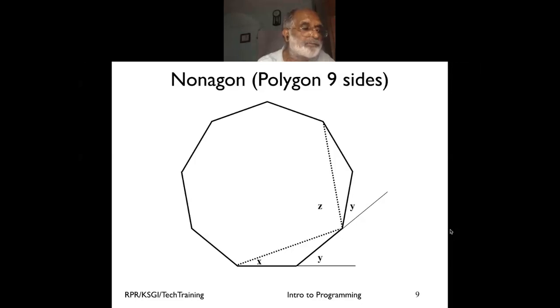This angle is x, and this angle is x, because this is x, this is x, this is also x. This angle is the same as this angle by symmetry, same polygon. So this whole angle is y plus 2x, and that means z should be 180 minus y minus 2x.